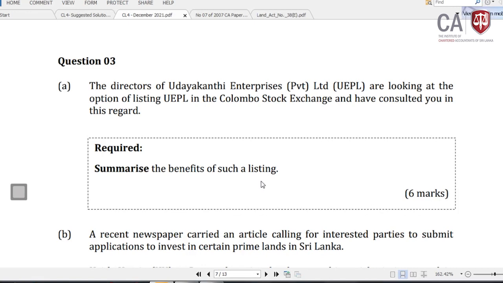Because you can't easily list a company in the Colombo Stock Exchange. There are some strict rules and regulations to be followed. There are certain requirements to be satisfied. Therefore, when you invest in a public limited company, the investor knows that there is some kind of a security for their investment.